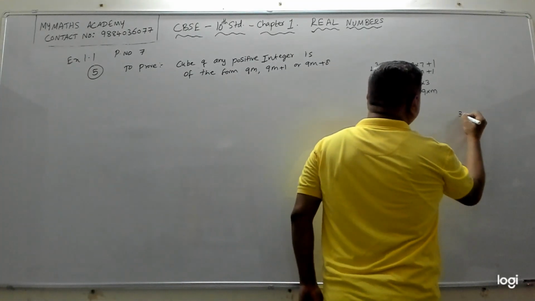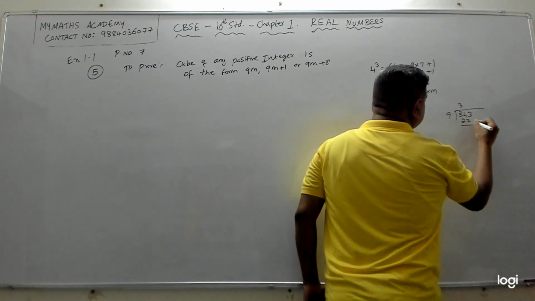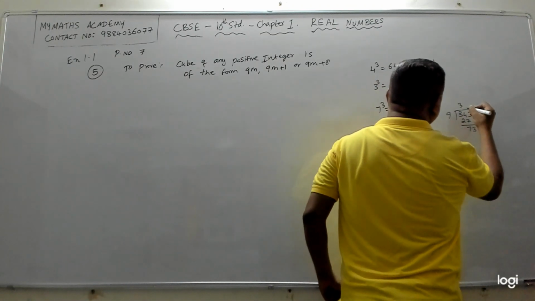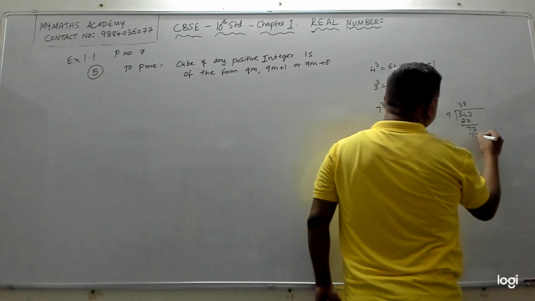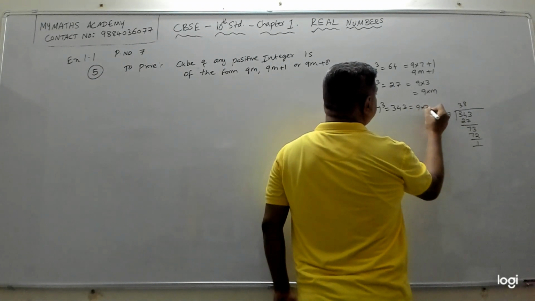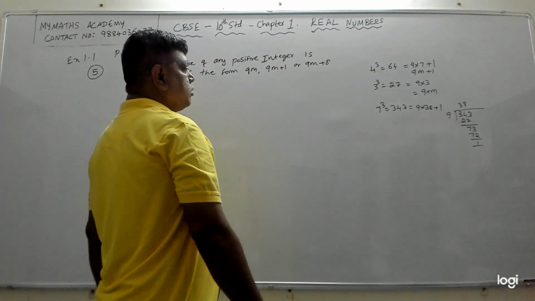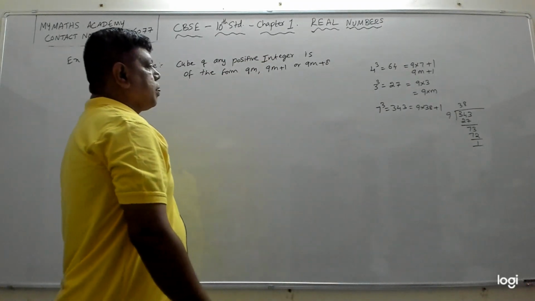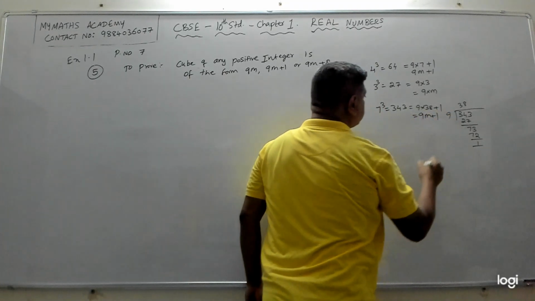If we divide 343 by 9, 9 3s are 27, then you get 73, 9 7s are 63, 9 8s are 72, you get 1. So this can be written as 9 into 38 plus 1. So 7 cube is in the form of 9m plus 1.